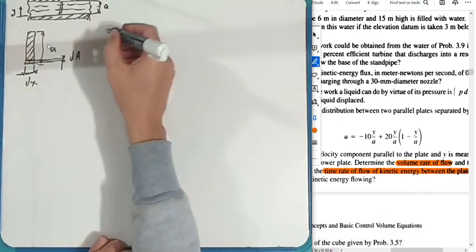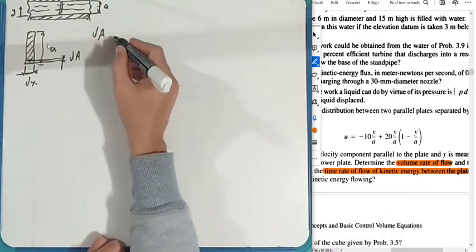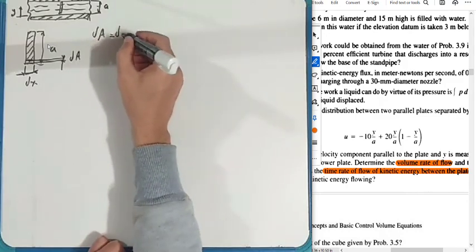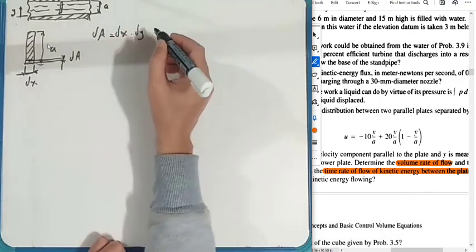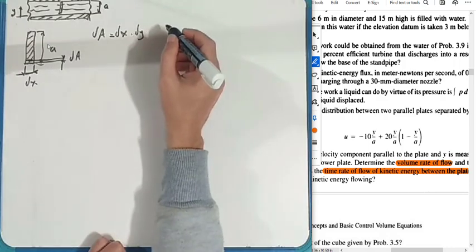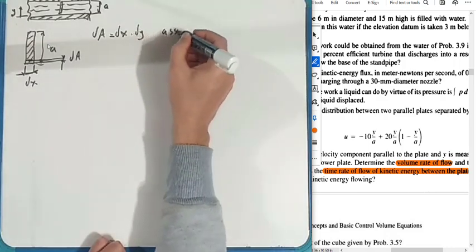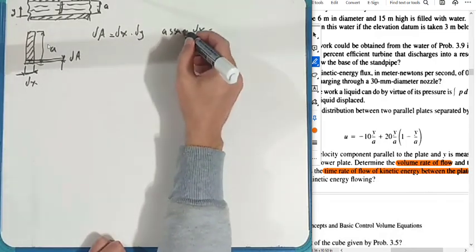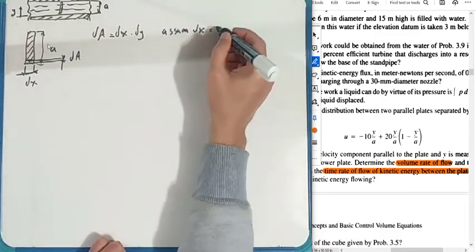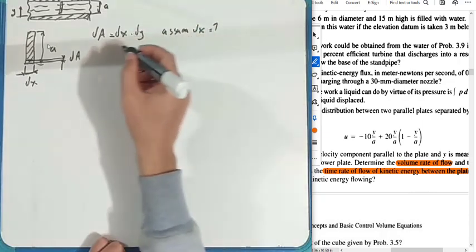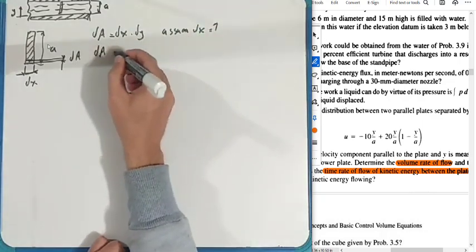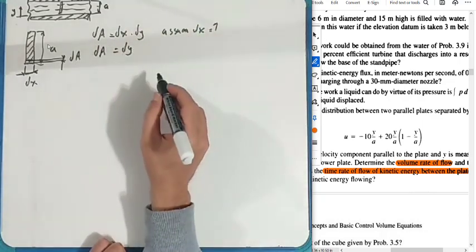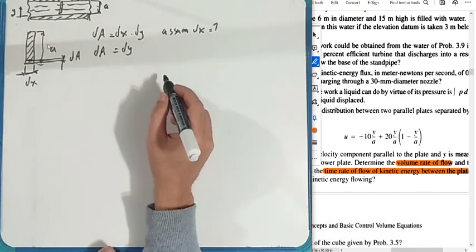So I can write dA equals dx times dy, and we want to assume dx equals 1. Then dA equals dy. Is this right?